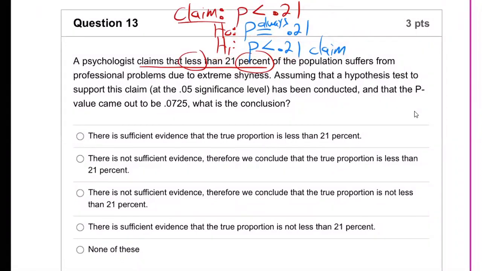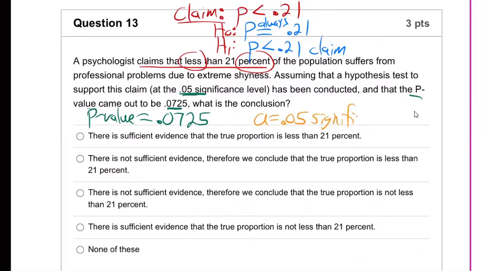Well, then they're telling us the significance level, alpha, is 0.05 and the p-value came out to be 0.0725.